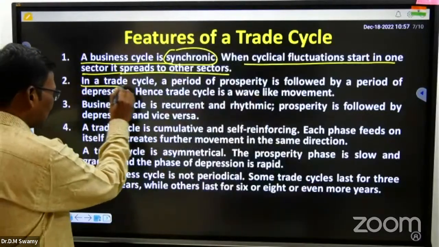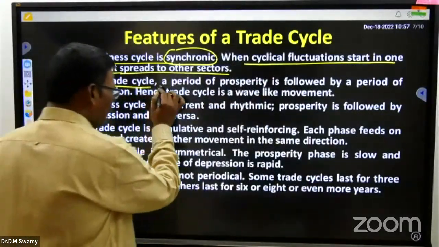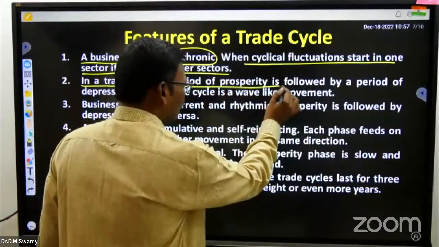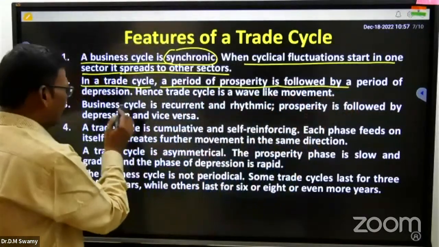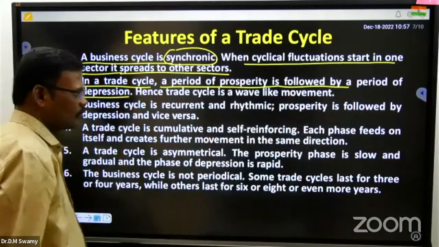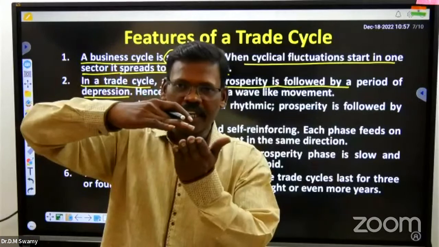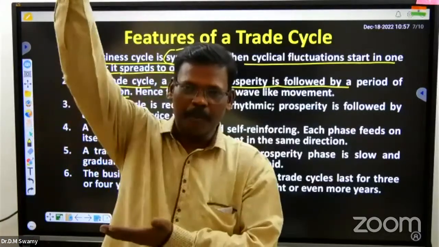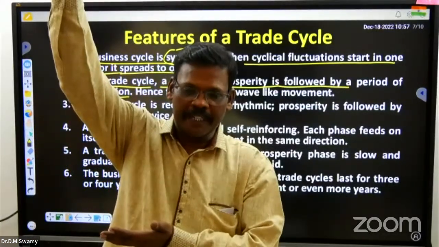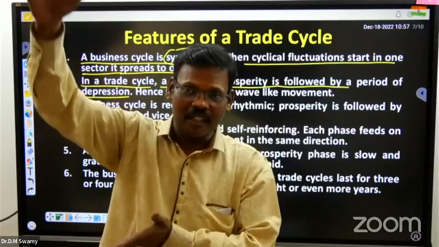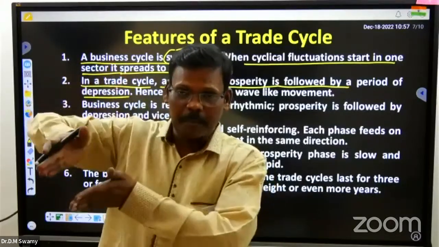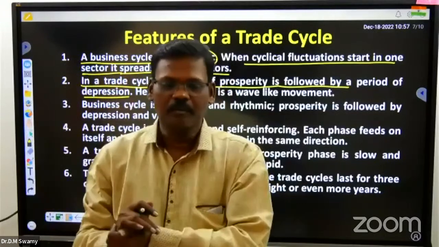In a trade cycle, a period of prosperity is followed by a period of depression. It is like a movement: for some period it is a boom, a prosperity period, and on the other side we see a depression, a recession period.